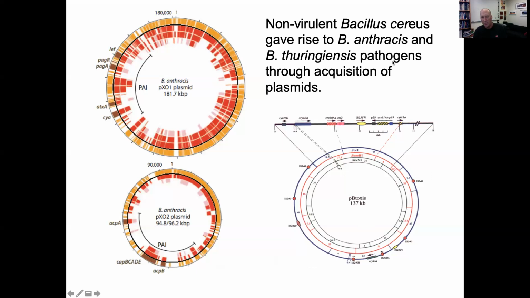So when Bacillus thuringiensis makes spores, it attaches this toxin to the outside of them. So this is a bacteria that's often found in soil and in plants.